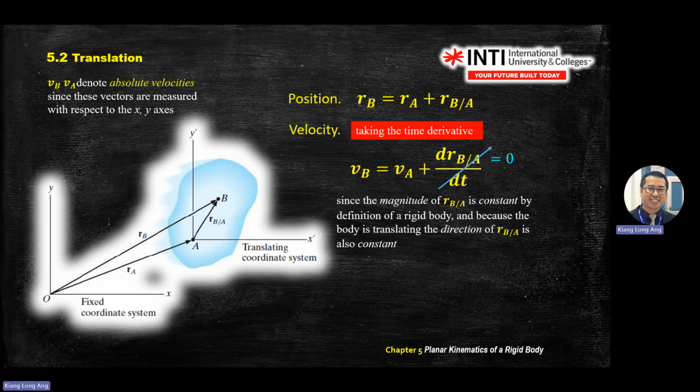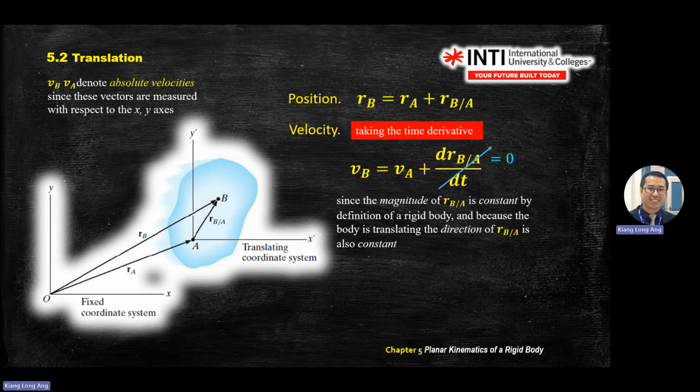In a rigid body, at t equals 1, t equals 2, if you label the same 2 points, like between your two eyes, the distance is always the same. No matter where you walk, the distance between your two eyeballs is still the same.